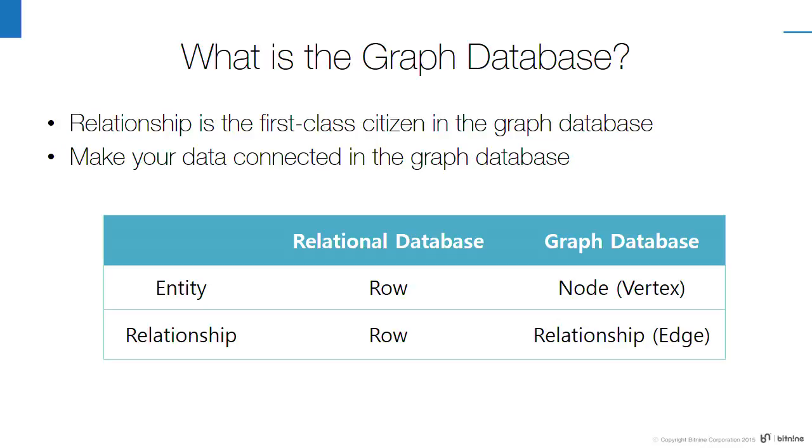But in the graph database, you can create nodes and relationships explicitly, and you can query in terms of relationships. So we can make our data more connected, and the management of the connected data becomes much easier in the graph database.